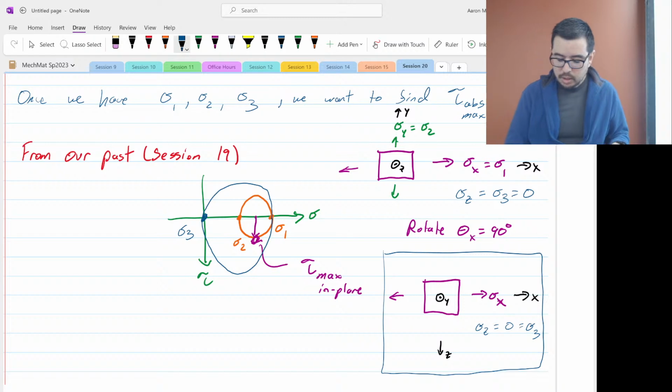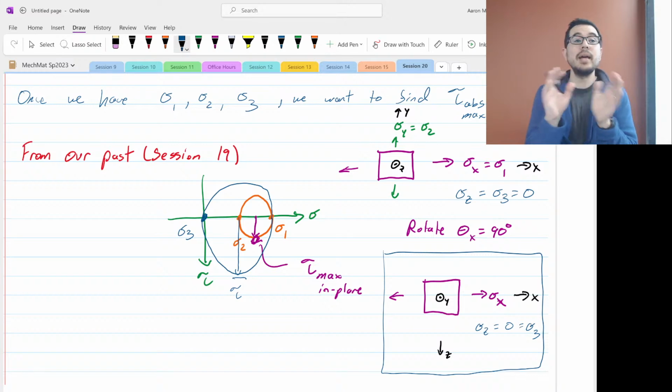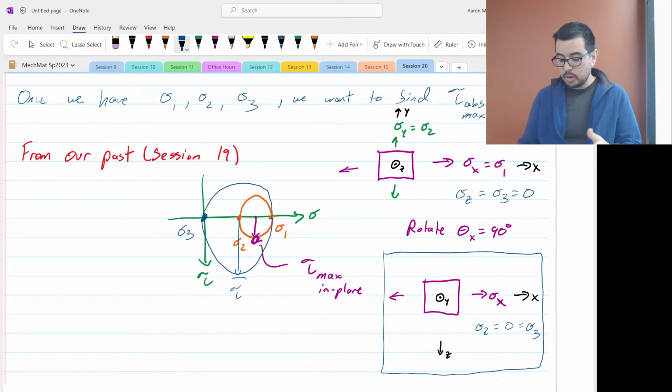So in this case, when I look at that plane, let's not even call it absolute yet, just the maximum shear stress associated with that plane and that Mohr circle is larger than what I had for the other one over here. So this now becomes the absolute max.